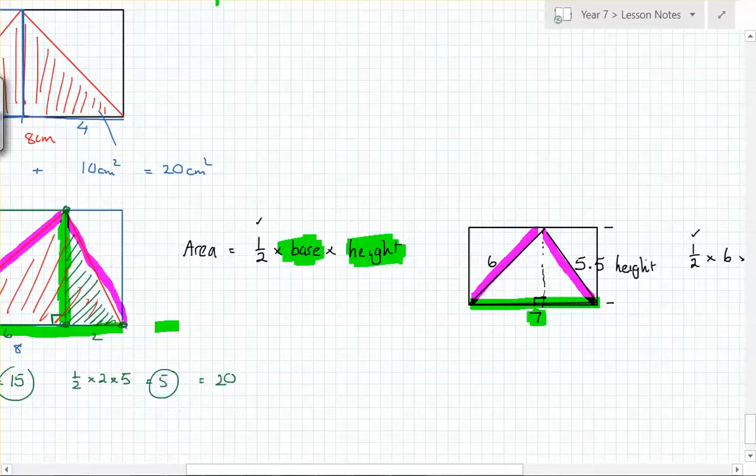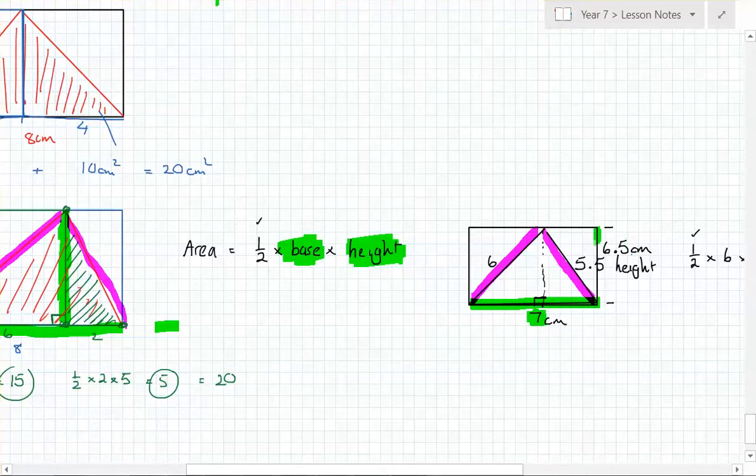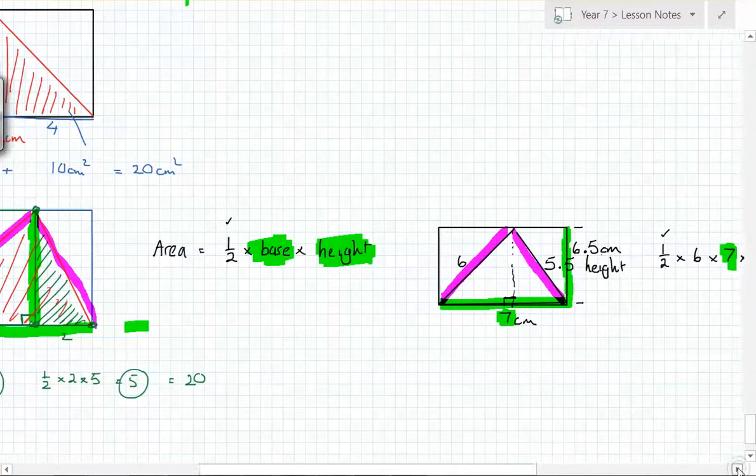So I haven't told you the height. But let's say I make up a height. I've picked funny numbers, but let's say the height is 6.5 centimetres now. So what sum would you do to now work out the area of that?